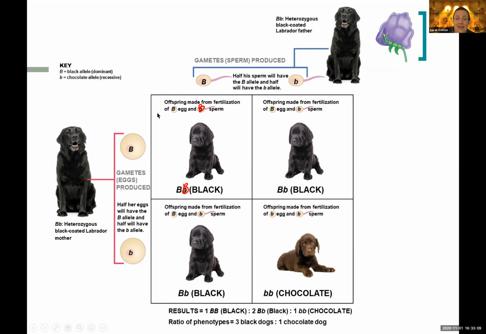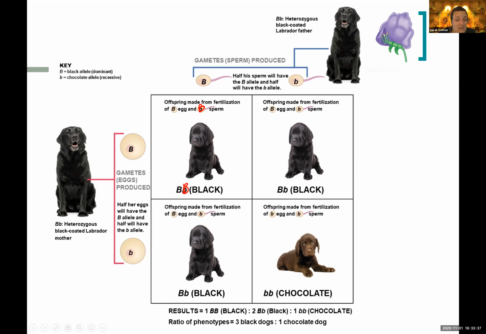Right? So this guy has a big B and a big B. So how would we describe him? What would we say his genotype is? Well, we could say it's big B, big B, or we could say it is homozygous dominant. Okay, now this box gets a little b from dad and a big B from mom. So the genotype is heterozygous.